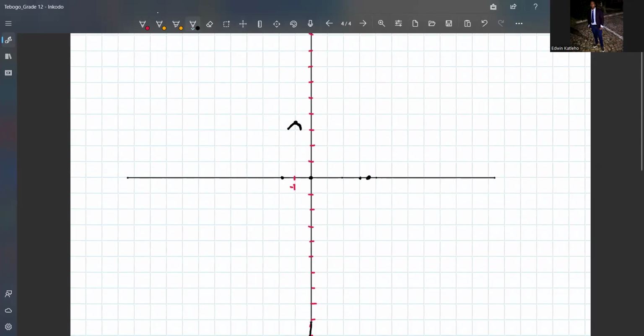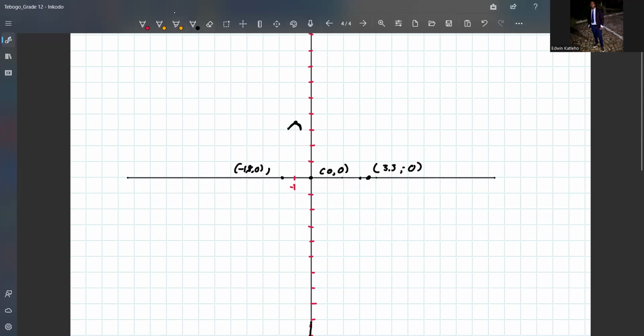So those are the 3 points that we need in terms of our x-intercept. This is 0 and 0. This is 3.3 and 0. And this point here is negative 1.8 and 0.